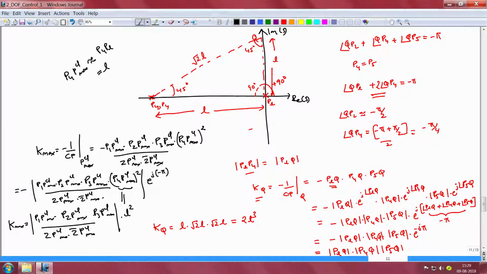So in order for our closed loop system to be stable, the gain at which the root locus crosses over from the left half of the complex plane to the right half should exceed the maximum gain that our open loop system would assume on account of plant parameter variations. So in other words, what we require is that the gain K max should be less than the gain KQ. This is what is required of us.